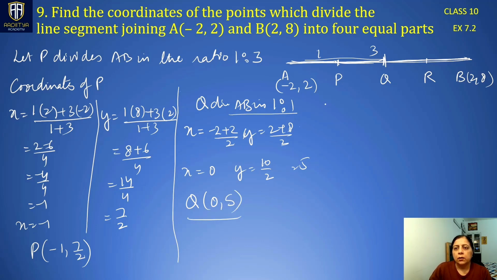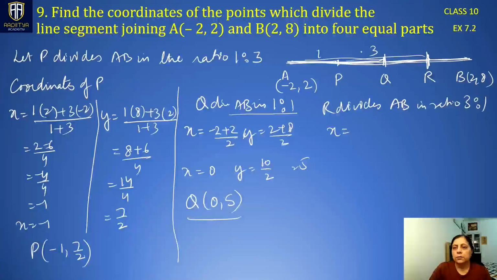And finally, R divides AB in some ratio. You can see that up to R we have 3 parts on the left, so 3 is to 1. So coordinates of R: x becomes 3 multiplied by 2 added to 1 multiplied by minus 2, divided by 3 plus 1. So we have 6 minus 2 by 4, that is 4 by 4, that is 1.